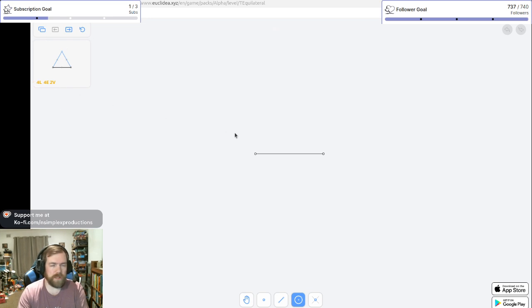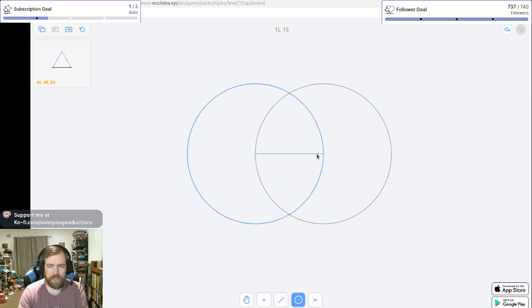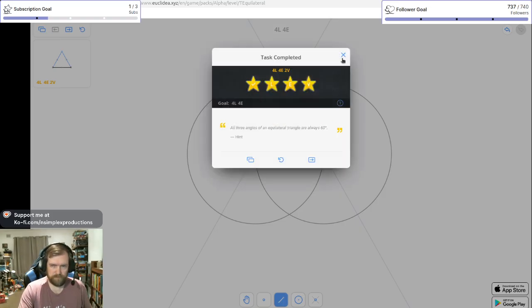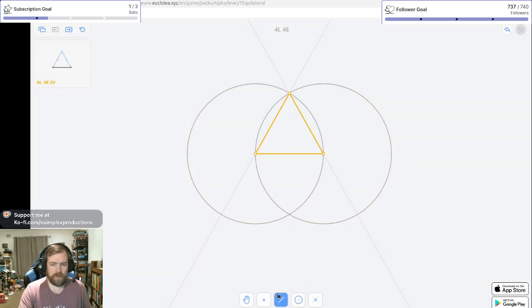In order to find an equilateral triangle, we create two equal-sized compass-drawn circles, and then naturally we're going to go to one side here. Now, it is also true that we could have gone down instead.